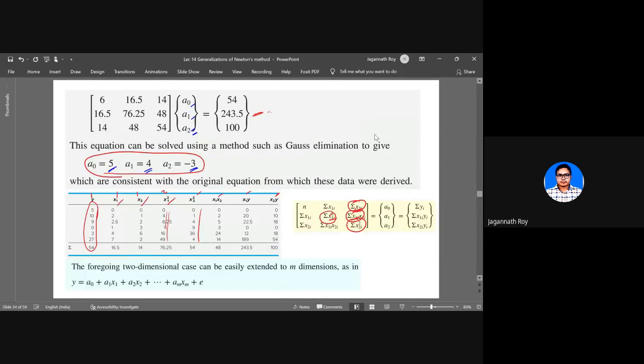The same idea can be extended to m-dimensional spaces. This was a 2-dimensional case, so here we can extend it up. So this is for the linear case.